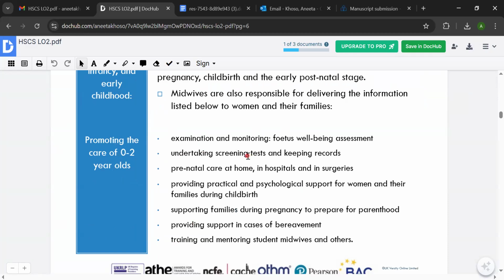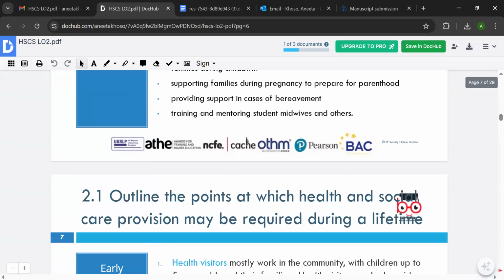This includes examination and monitoring, fetal well-being assessment, undertaking screening tests and keeping records, and prenatal care at home, in hospitals and in surgeries. They provide practical and psychological support during childbirth, support families during pregnancy to prepare for parenthood, provide support in cases of bereavement, and train and mentor students, midwives, and others. All of these are provided by the midwife.